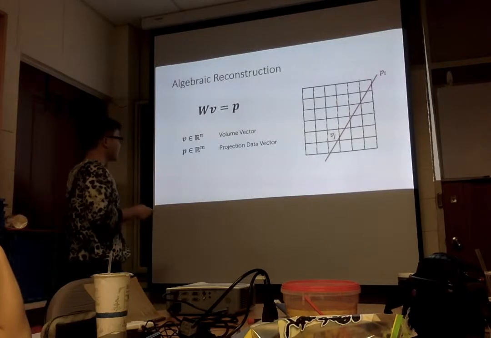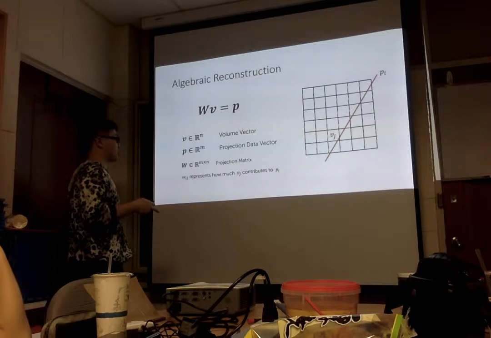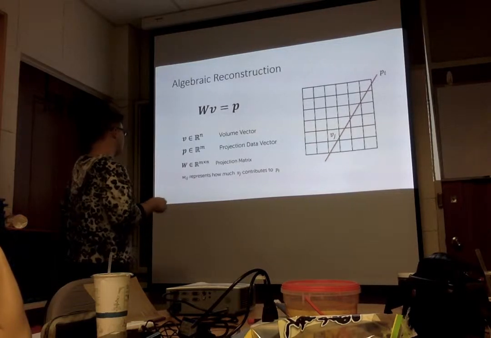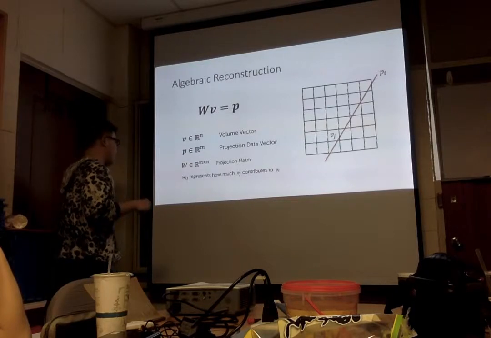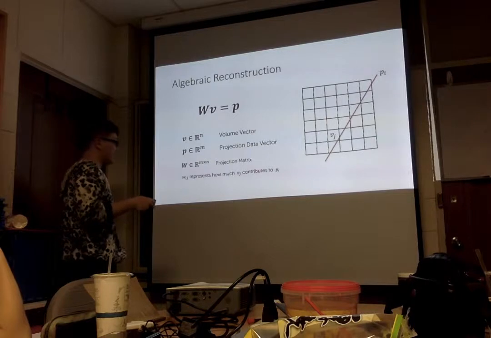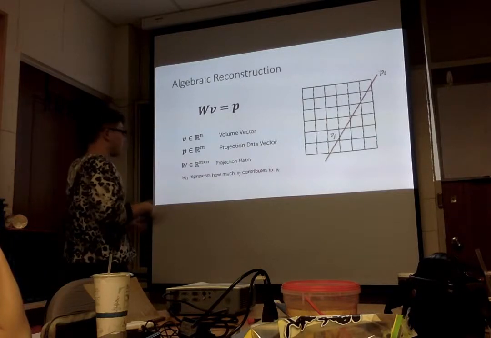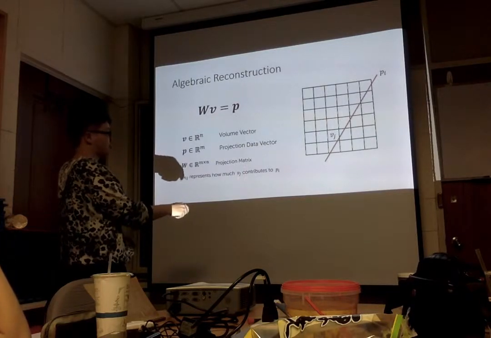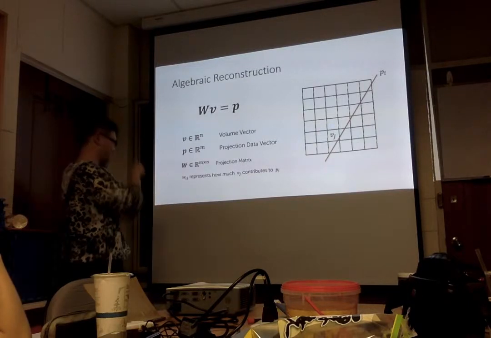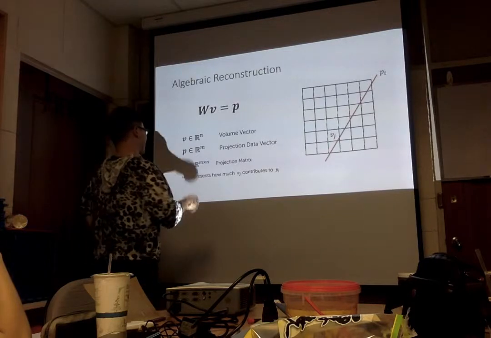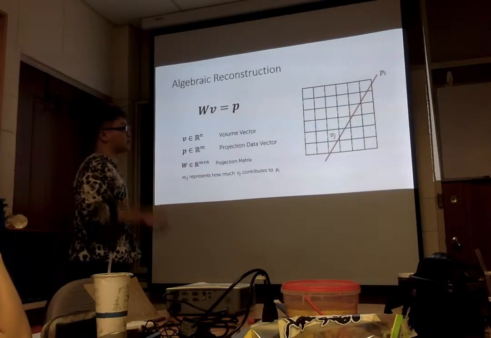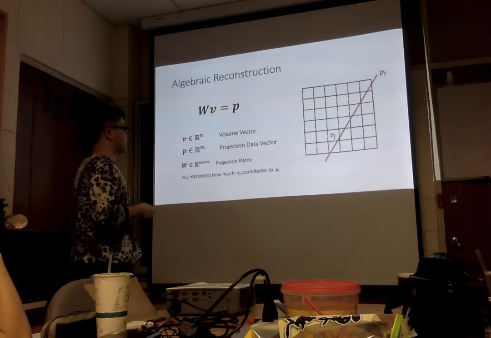W is the projection matrix, and I will explain what the projection matrix is in depth later. Each W_ij in the projection matrix represents how voxel j contributes to detector i.